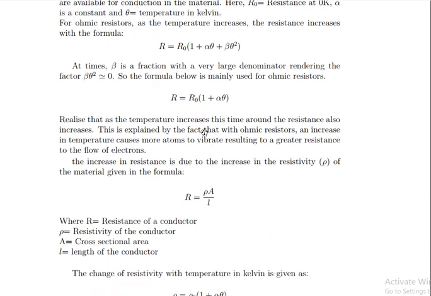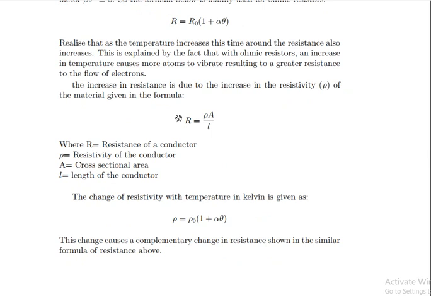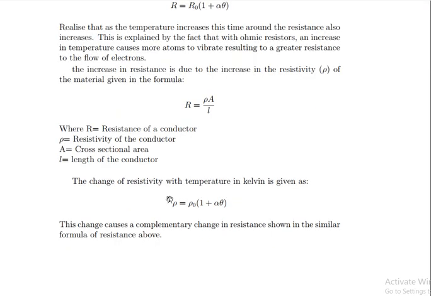Now this resistance increase can also be due to an increase in resistivity, because you need to know that R is equal to resistivity times A all over L. So the effect on R via the temperature is mostly on the resistivity, and the formula for resistivity is given as resistivity equals resistivity at temperature 0 Kelvin times (1 plus alpha theta).